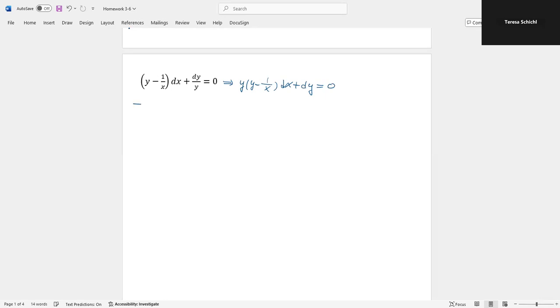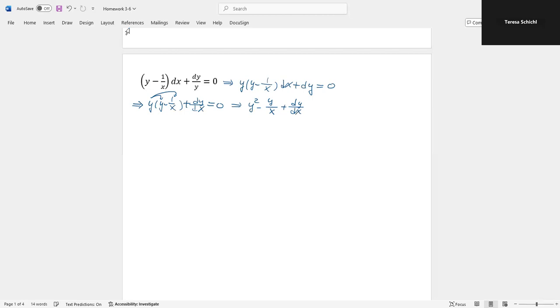Then, as always, I like to put the dx under, so this is (y minus 1/x) plus dy/dx equal to 0. The next step, I FOIL this, and I will get y squared minus y over x plus dy/dx.